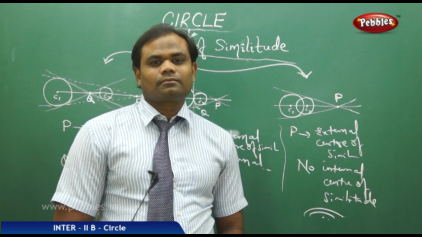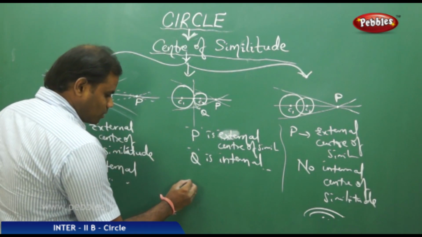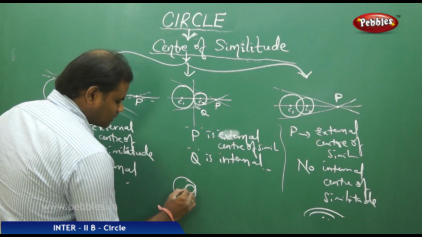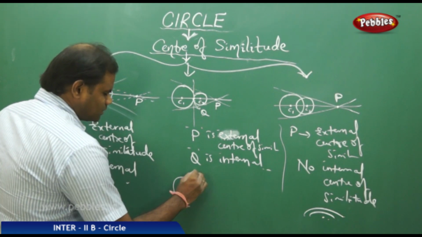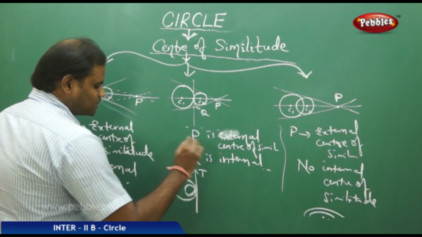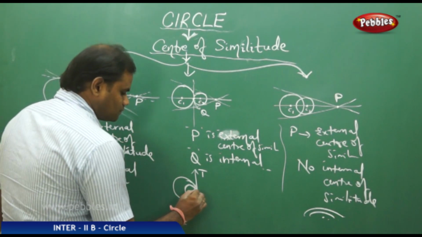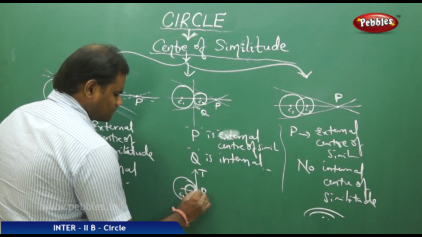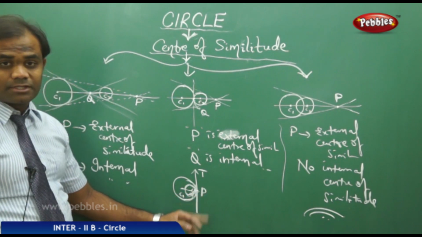Also, as I see the second case, there is one more possibility that the 2 circles touch internally. In the case of the 2 circles touching internally, I have the tangent here, which is T, and therefore I have P, which is outside of the centers C1 and C2.